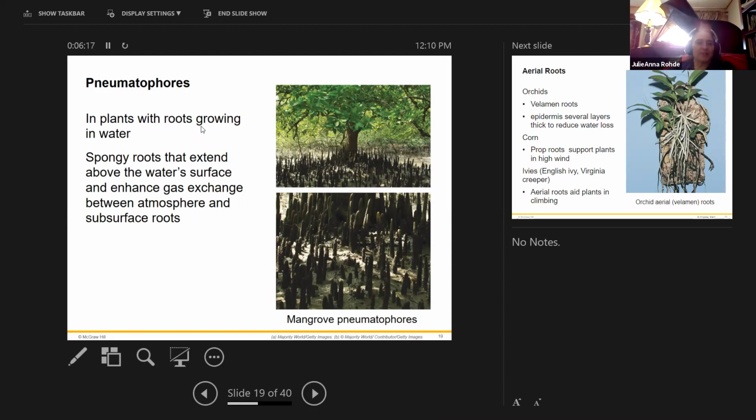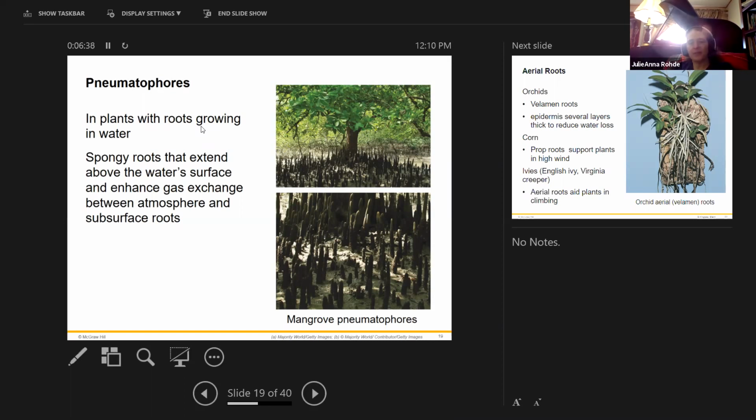Okay, pneumatophores. So in plants with roots growing in water, you get these spongy roots that extend above the water's surface and enhance gas exchange between atmosphere and subsurface roots. And the example they're showing you here is the mangrove.